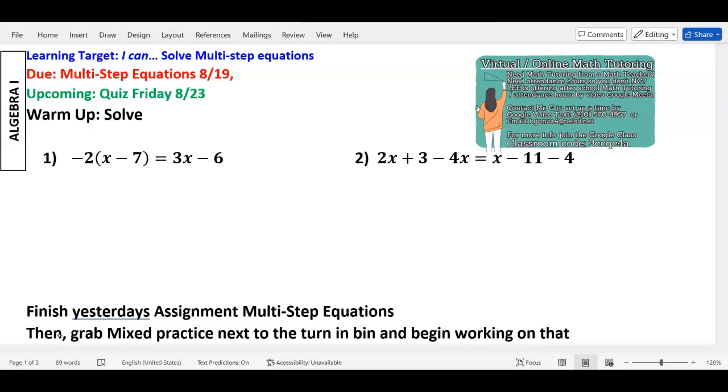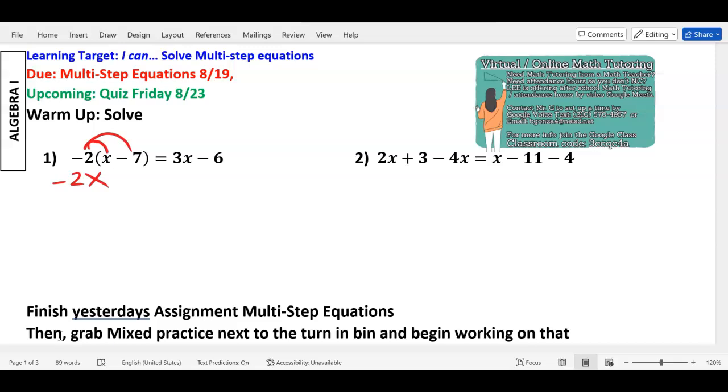First step, I see parentheses. It's time to distribute the number in front, the coefficient. So I'm going to do negative 2 times x, negative 2 times negative 7, okay? What is negative 2 times x? Whenever you have a number times a variable, you stick them together, right?